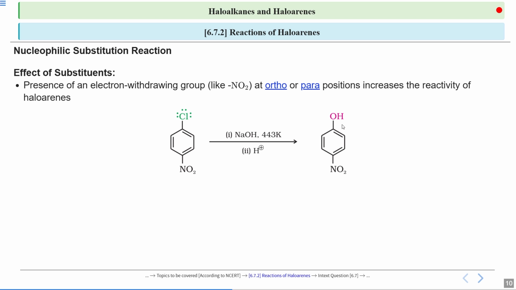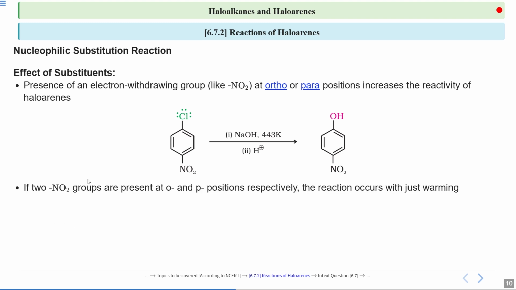Chlorine will be removed, the OH hydroxyl group will be attached, and the NO2 will remain the same. Here the electron withdrawing group is NO2. That means it will withdraw the electrons of the benzene ring towards itself due to its property, and the benzene ring will be more available for the attack of the electron-rich nucleophile.